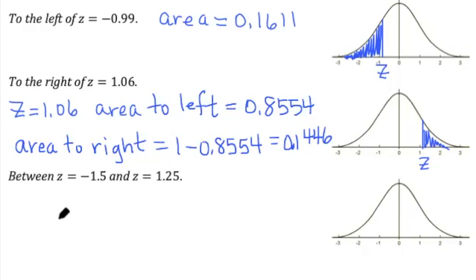And lastly, you should be able to find the area between two particular z-scores. So z being negative 1.5 is located about here on my chart, and z being 1.25 is located here. And I want to find the area between those two values.